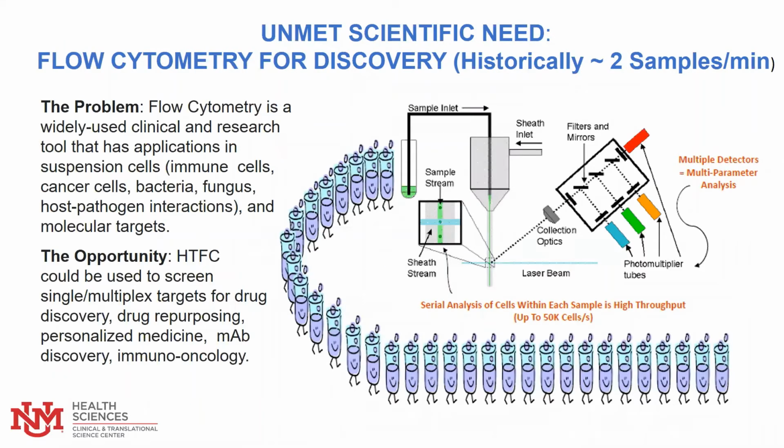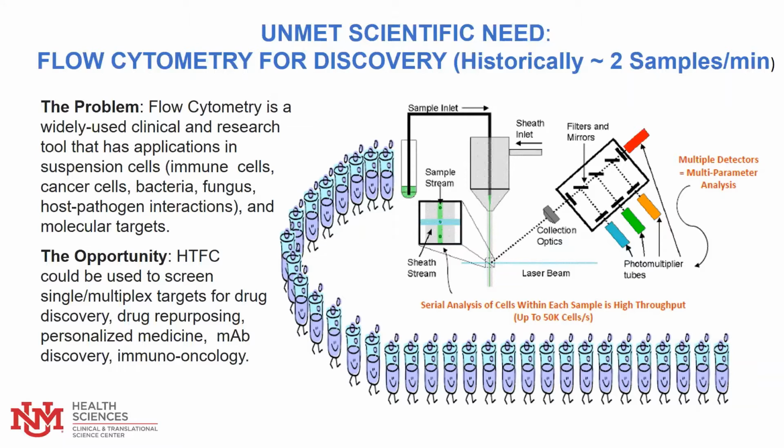Flow cytometry is a widely used clinical and research tool that has applications for molecular targets as well as suspension cells. In high throughput applications, these could include immune cells, cancer cells, bacteria, fungus, and host pathogen interactions.